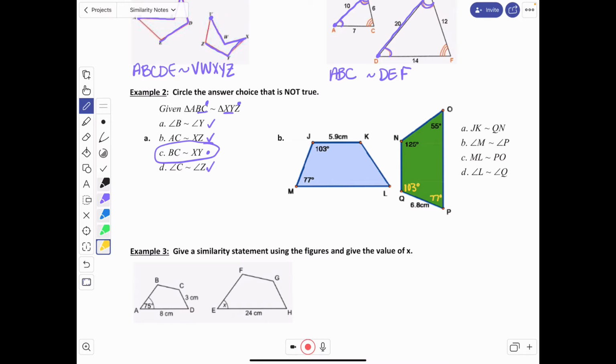This would be the angle that's 77. So if I wanted to write it out to help me a little bit here, if I said J, K, L, M is similar, I know angle J is similar to Q. K is going to be the same as N.